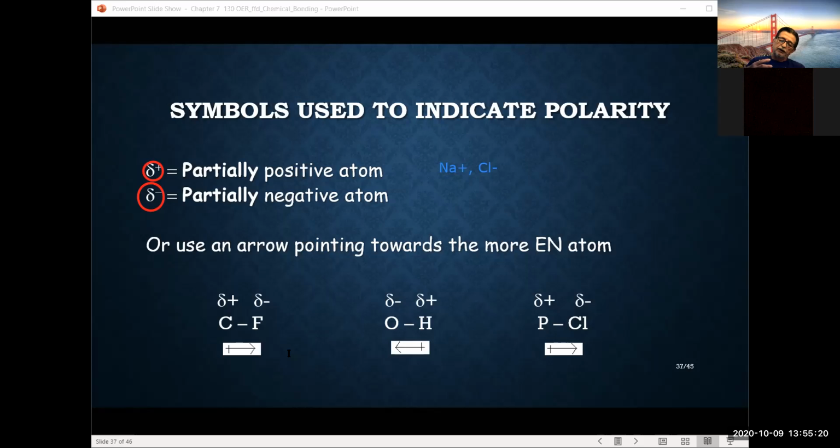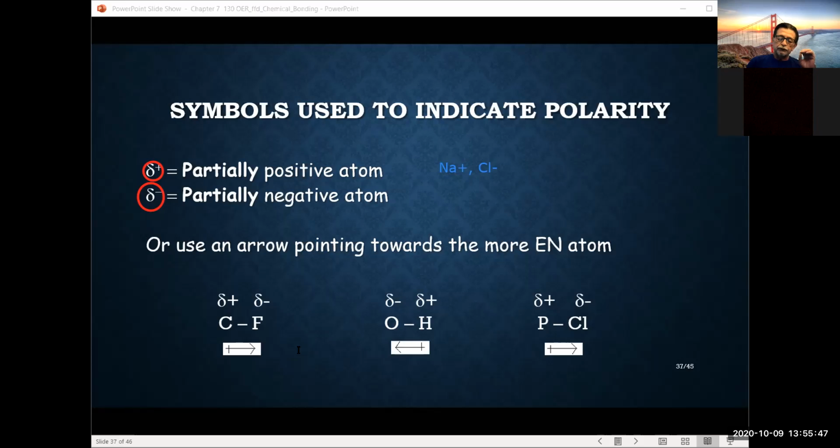Now the balloon has a partial negative, so the balloon attracts and they hold on to each other because of the partial positive on the shirt and the partial negative on the balloon. The balloon sticks to my chest for a short period of time until the electrons equilibrate, and then everything goes back to normal and the balloon falls off.